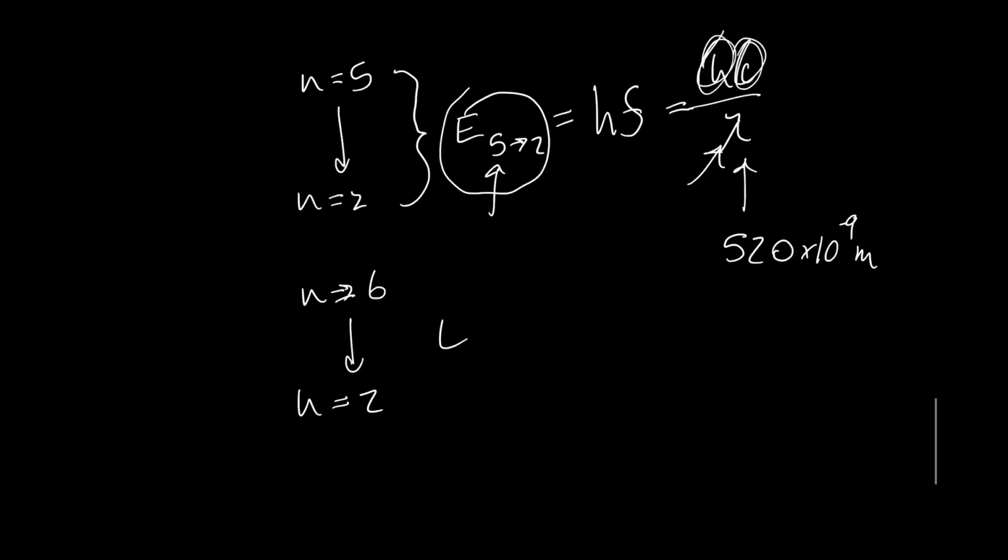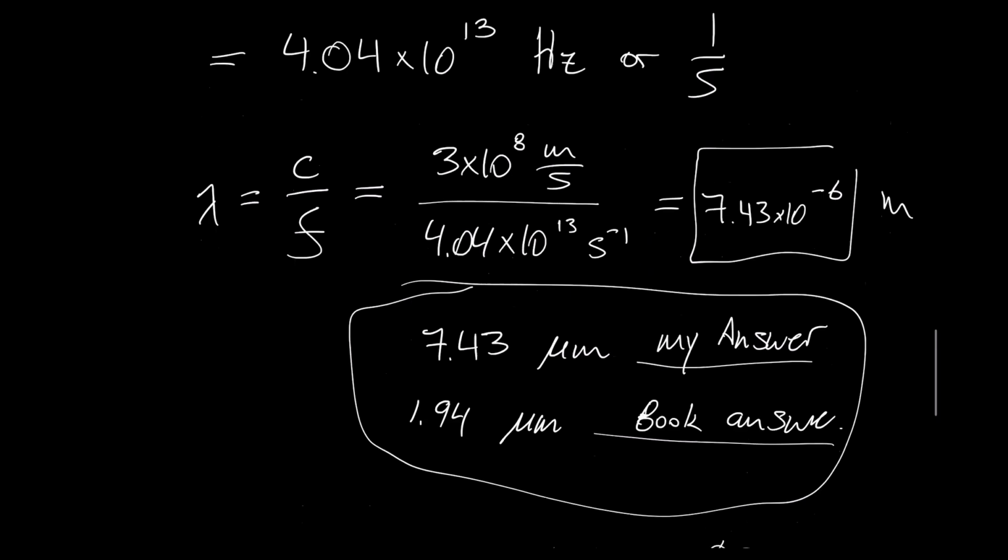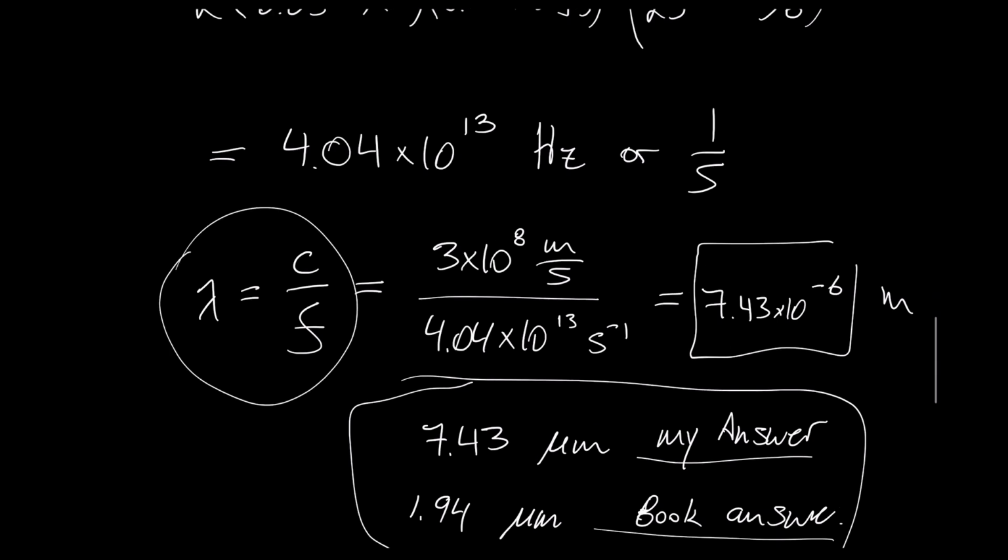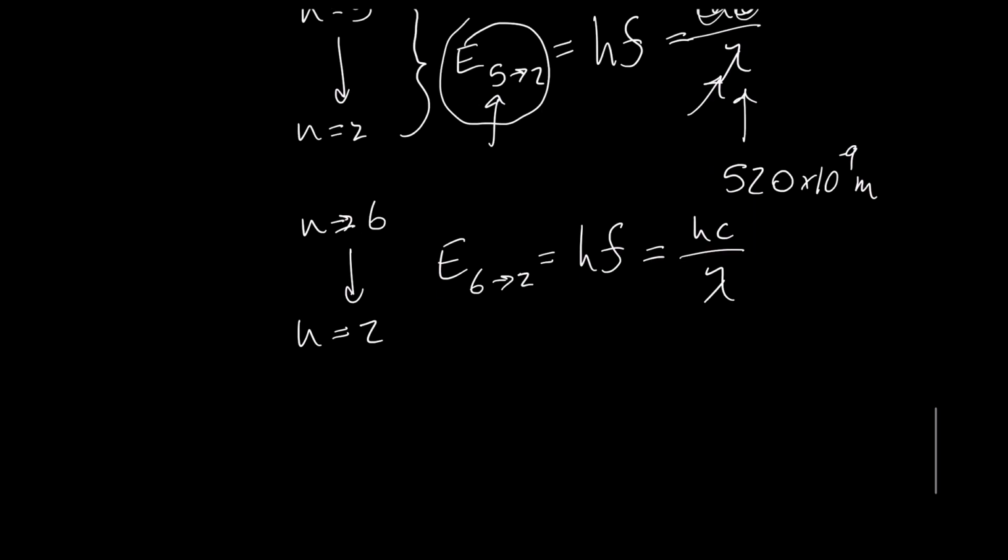So we have the energy from 6 to 2 is equal to hf, which is hc over lambda, because we use this equation over here. And then they plug in 410 times 10 to the negative 9 meters for the wavelength. Then they can get this energy over here.